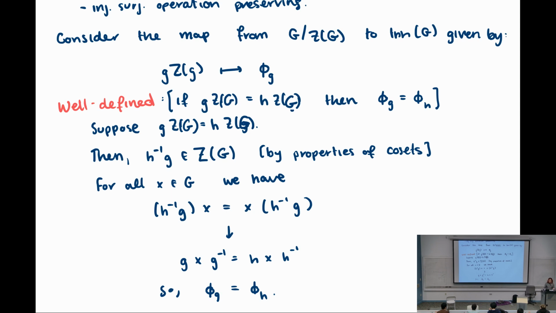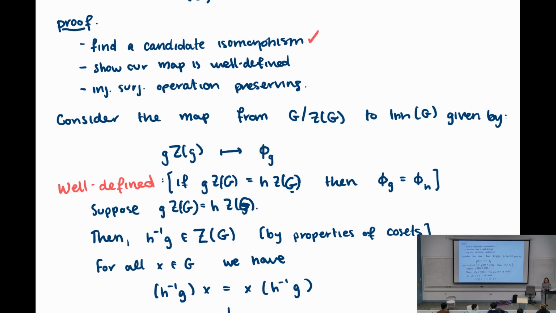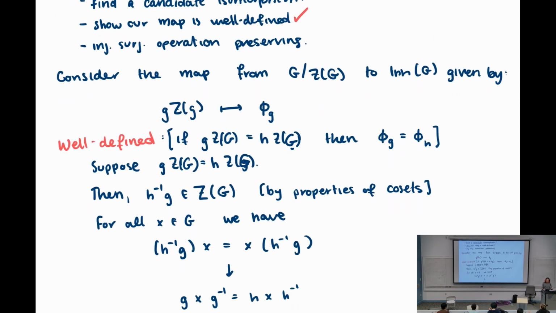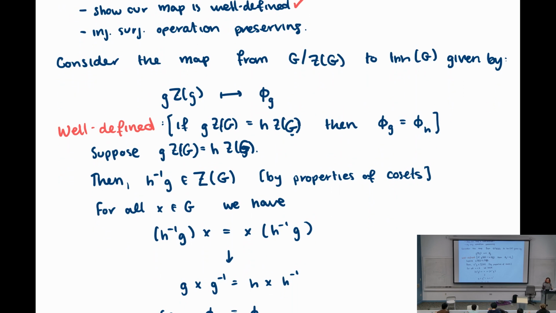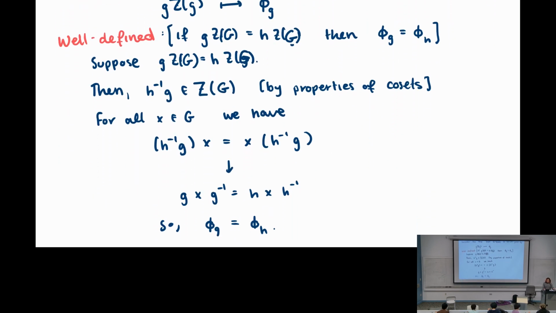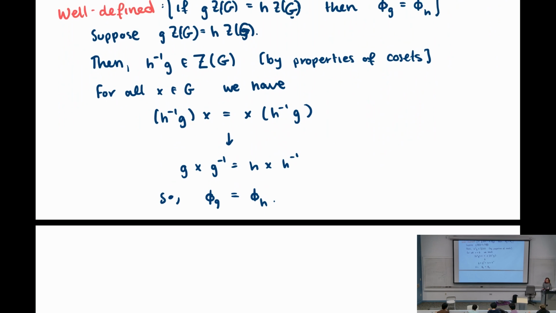Okay, so let's continue. We found a candidate isomorphism and we showed that it was well defined. So now we have to do injective, surjective, and operation preserving. Injective is essentially going to be reversing the argument that we just did. So let's suppose that I have phi g equal to phi h. I have two outputs of my map and we're supposing that they're the same, so we need to show that the inputs were the same.